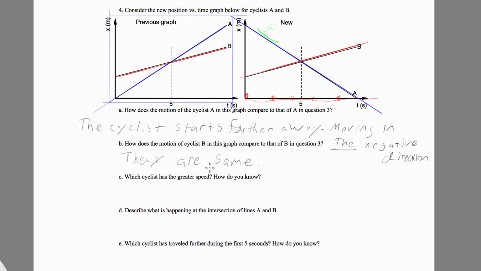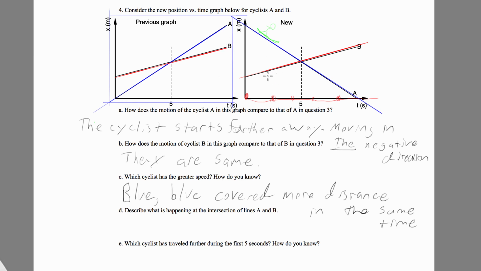In the same case, again, speed, that is something we haven't really defined, but blue has a greater speed. Blue covered more distance in the same time. My argument here is that, okay, in this new graph, whatever time this is doesn't matter.